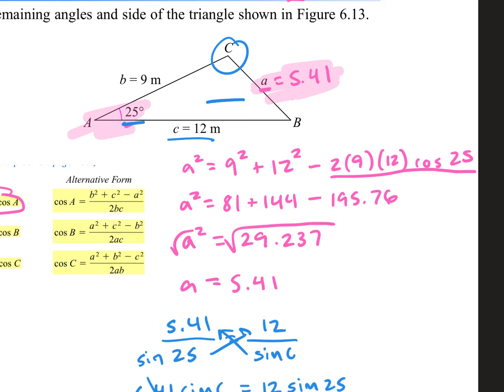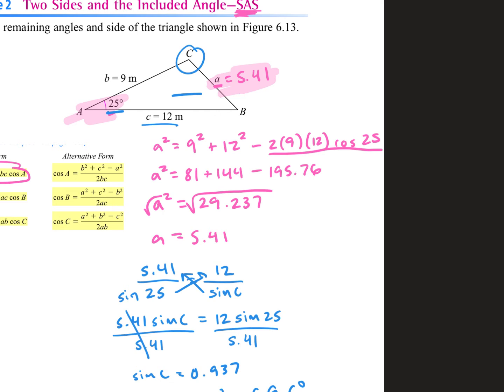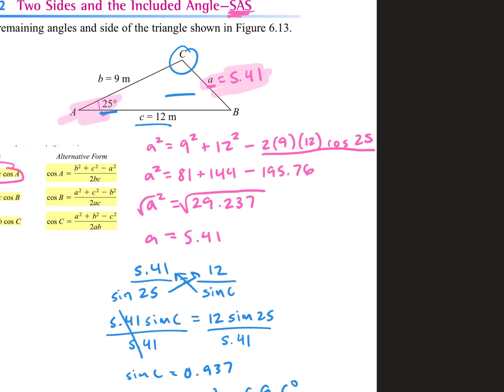So if B is the biggest angle, that means B has to be the biggest side, but it wasn't. So something went wrong. So you have to calculate the smallest. So let's find angle B first then.